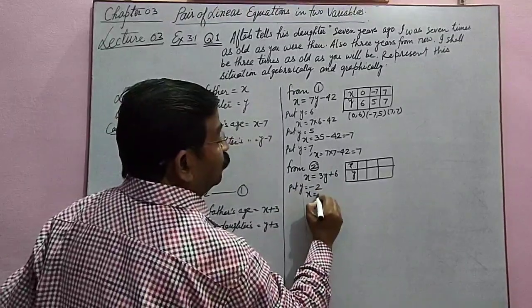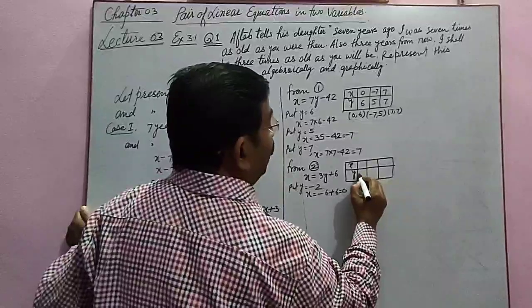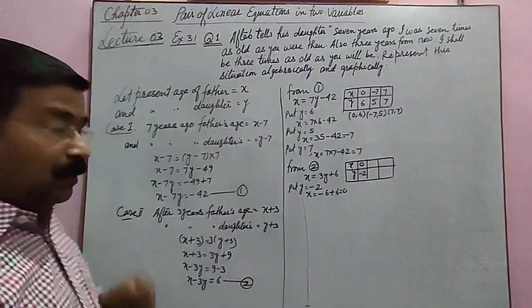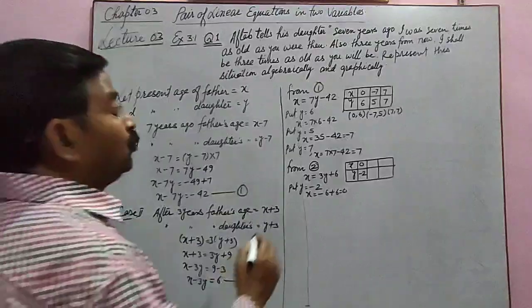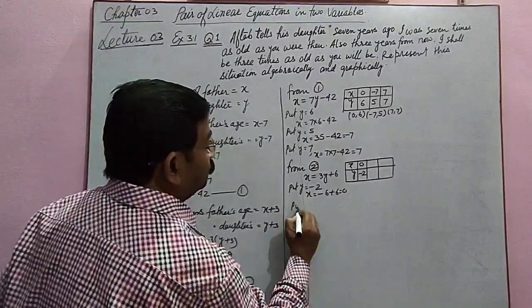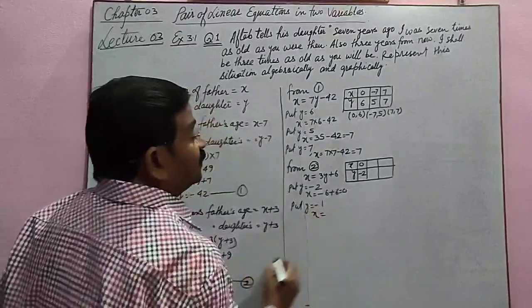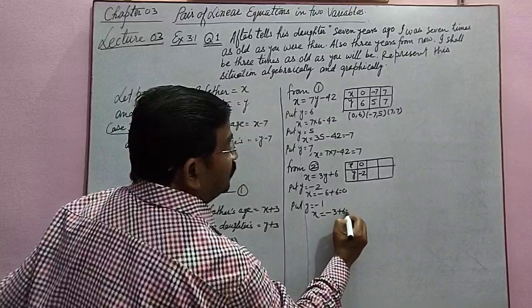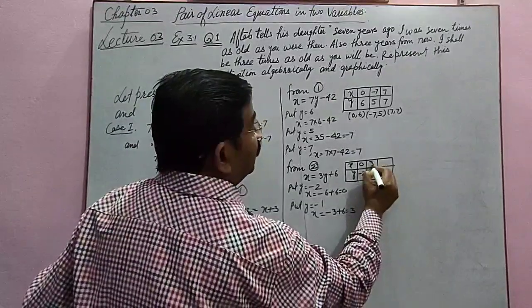Then x is equal to minus 6 plus 6 is equal to 0. Second one, if you put y is equal to minus 1, then x is equal to 3 into minus 1, minus 3 plus 6 is equal to 3.